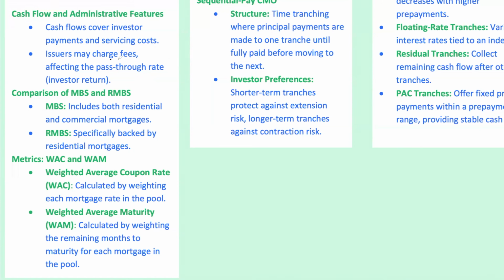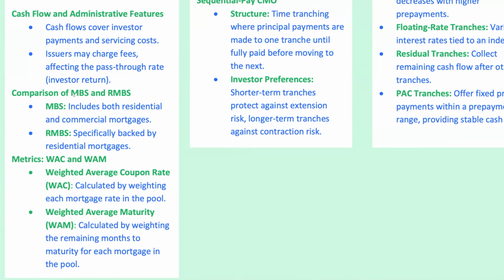With varying loan characteristics in each mortgage pool, metrics like the weighted average coupon, WAC, and weighted average maturity, WAM, give investors a snapshot of the pool's overall interest rate and maturity profile.